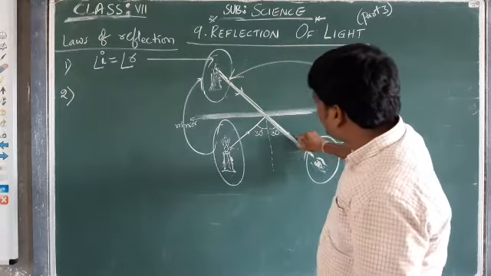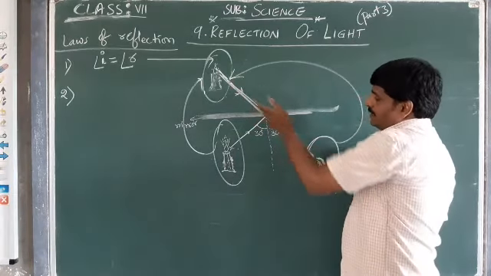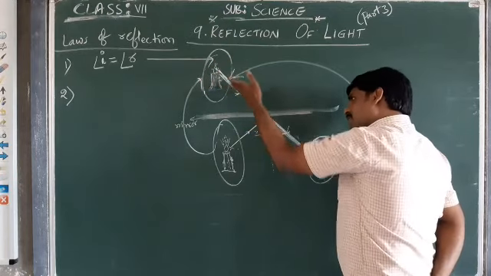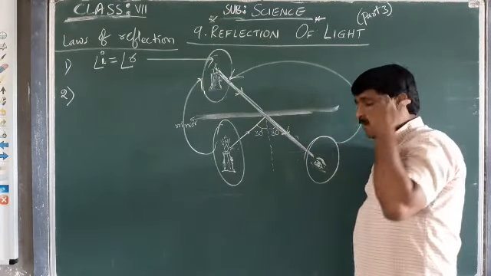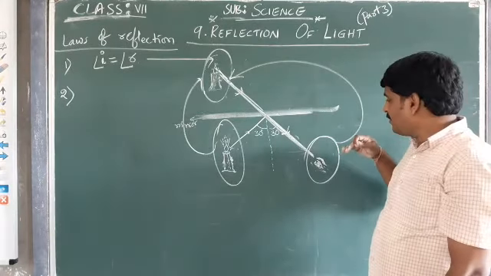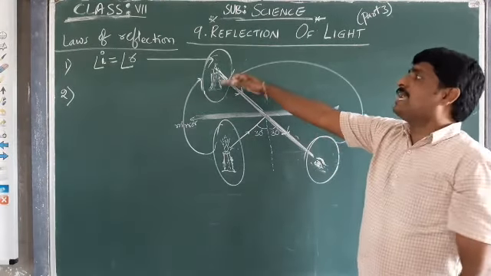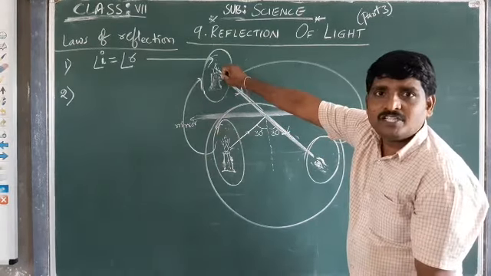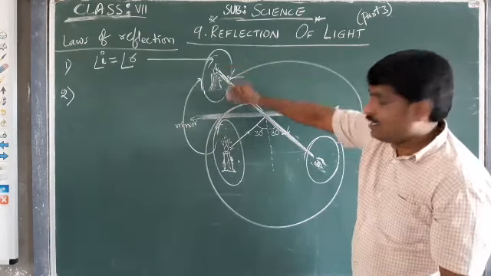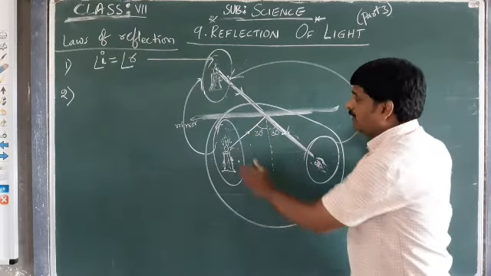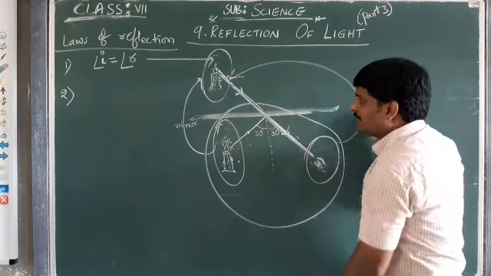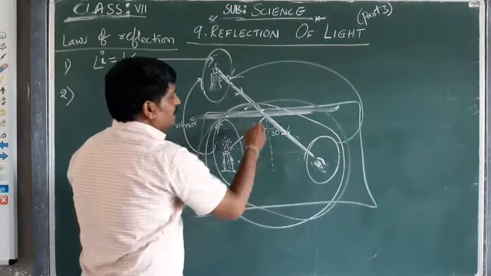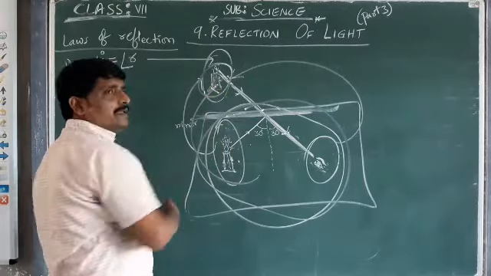Our eyes or brain sense that some candle is present at the other side. But the actual phenomenon is what? Forming the image of this candle is due to the phenomenon of reflection: the incident ray hits the mirror and the reflected ray results. This phenomenon of reflection makes the formation of the image.